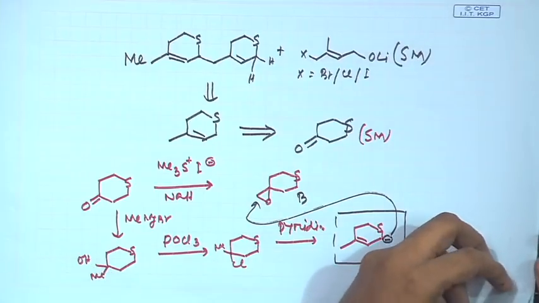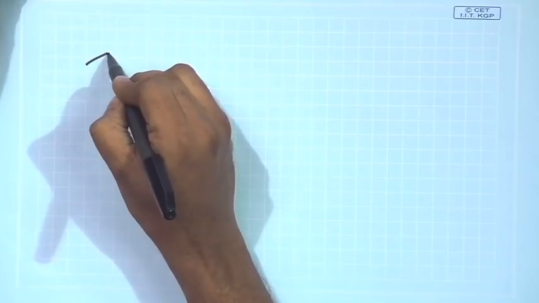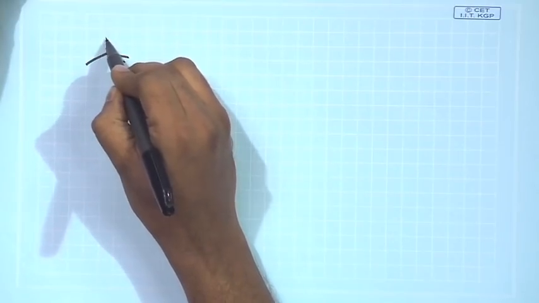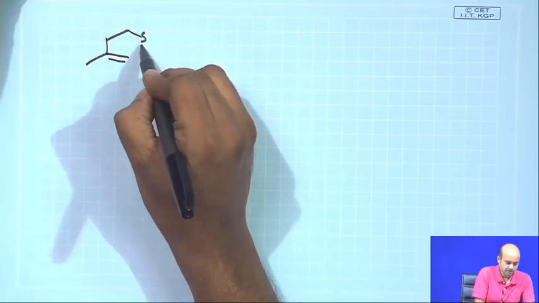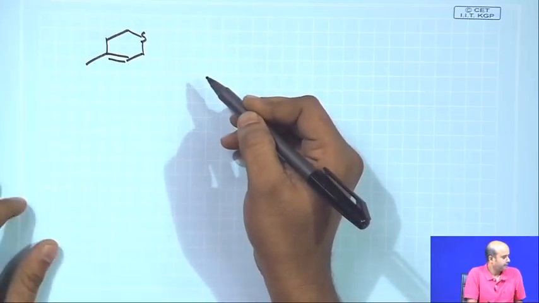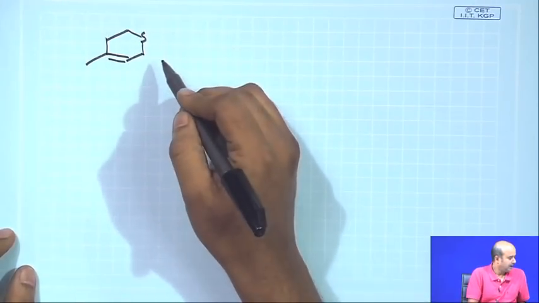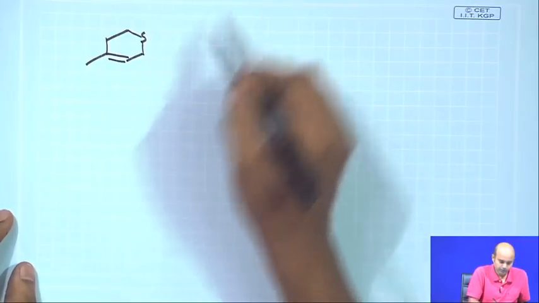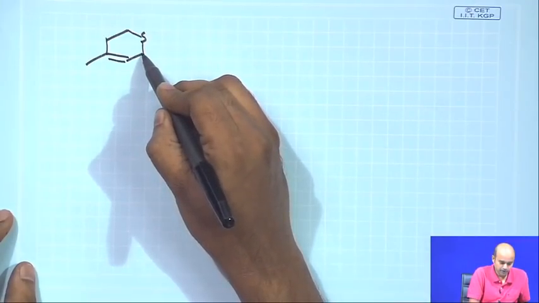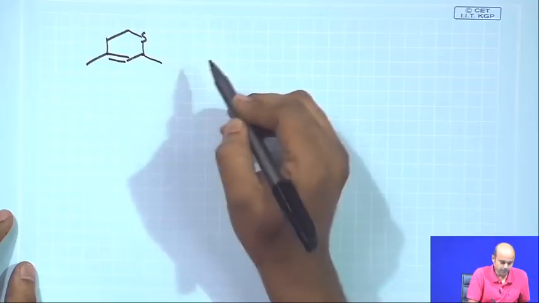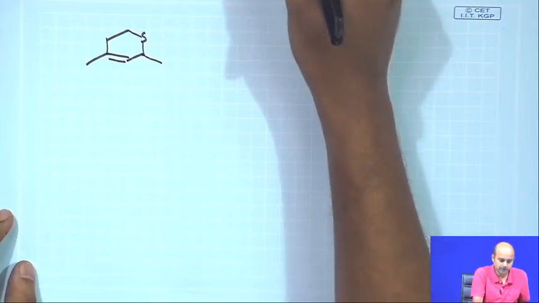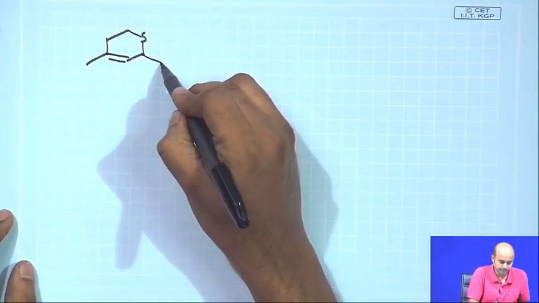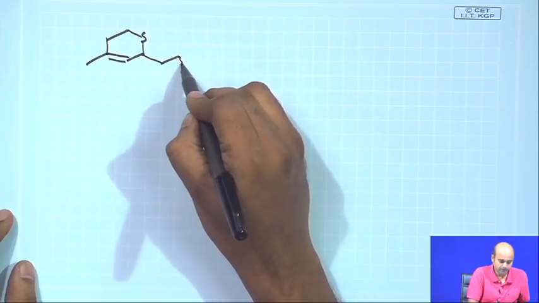So, in the next step you react these things, and then this is basically reacting with this epoxide. So, what will we get?